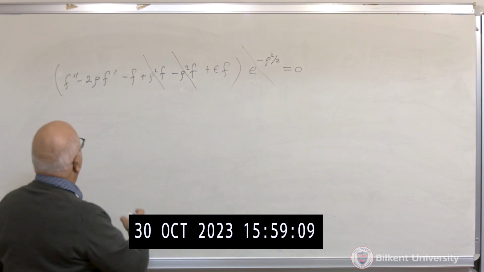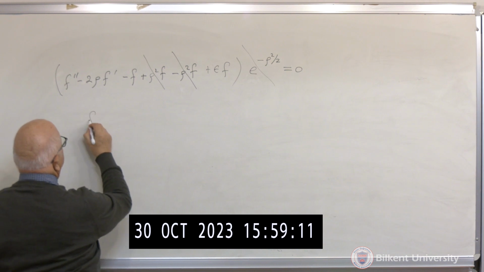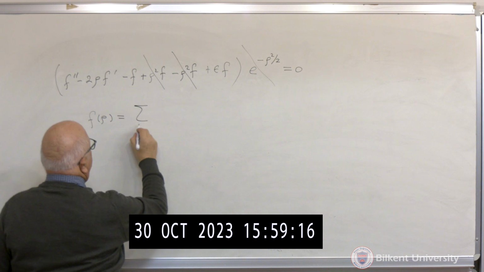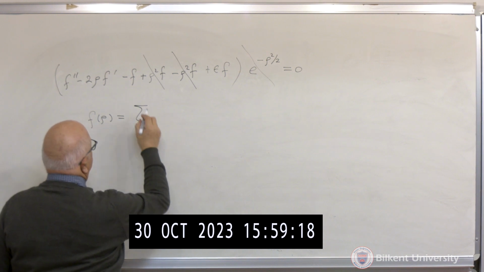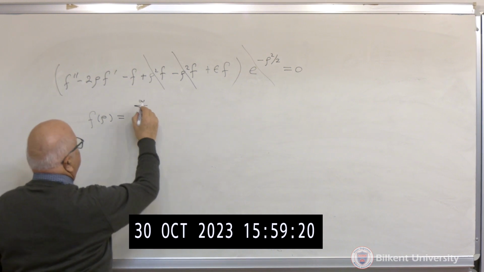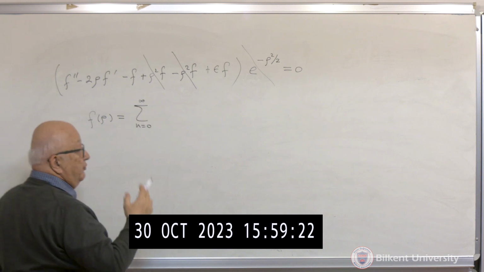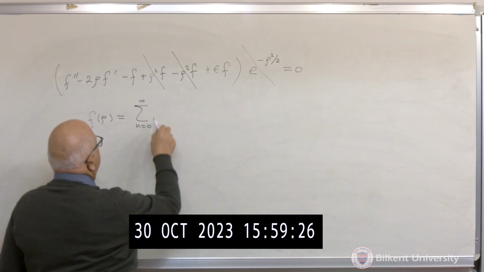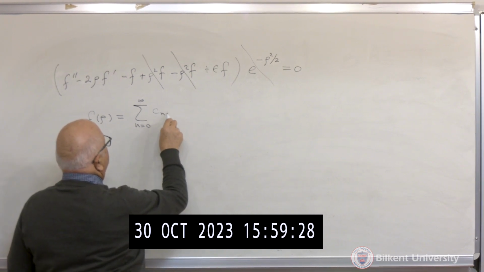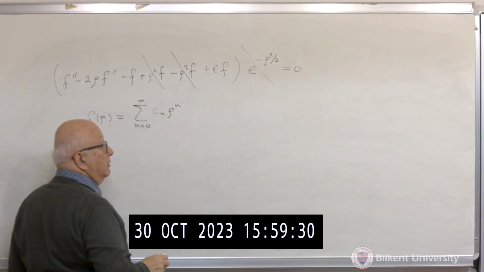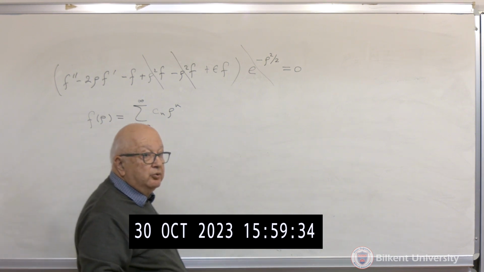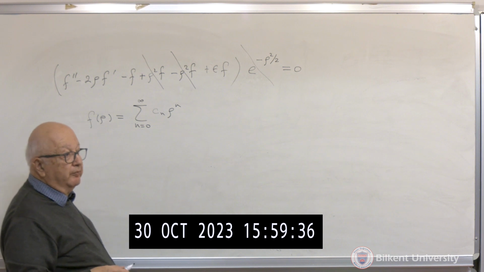Suppose this f of rho has the form sum over n from 0 in general up to infinity. Some of the coefficients may be 0, but in general it's a full series. So it's c n rho to the n. We assume a solution of this form.